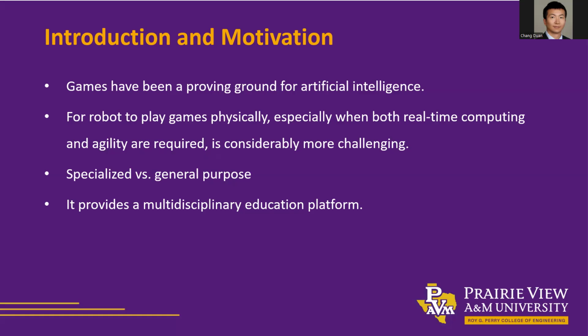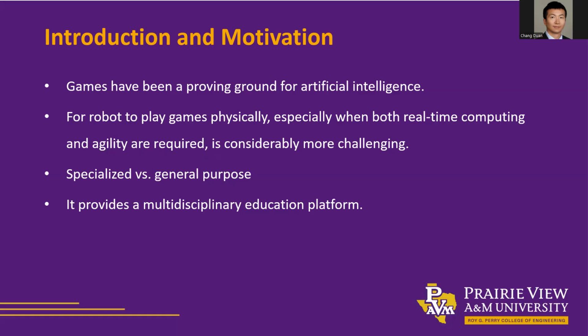Despite the success of playing games in the digital world, though, it is considerably more challenging for the machine to play games physically, especially when both real-time computing and agility are required.